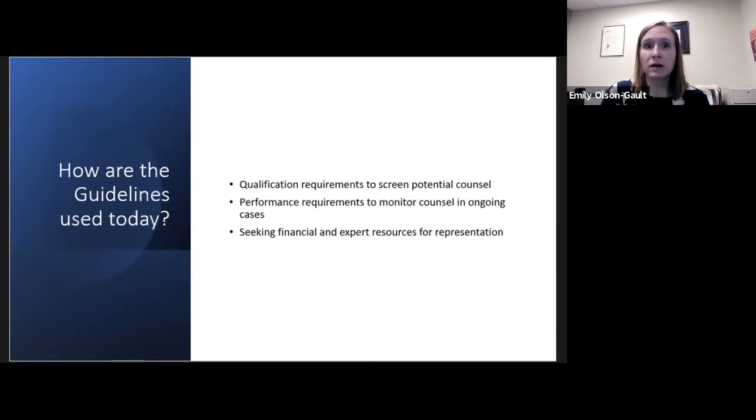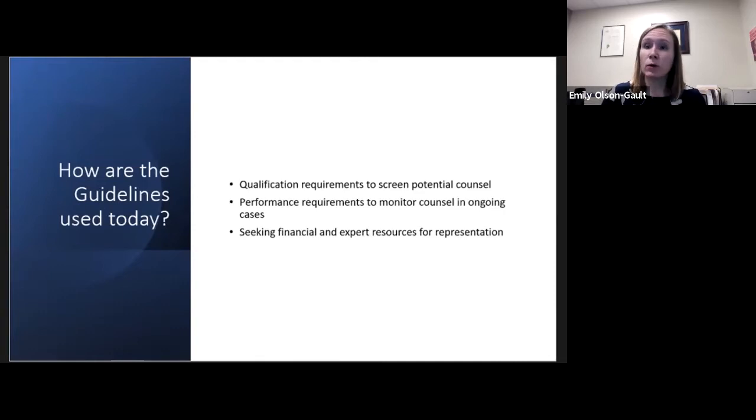And the third way is to enable those lawyers to seek financial and expert resources to assist them in their representation of their client.